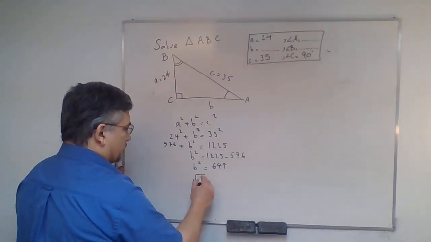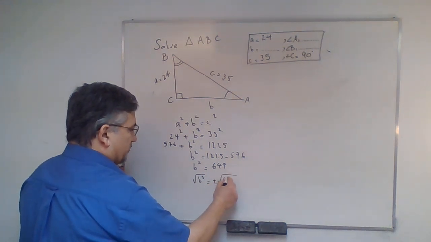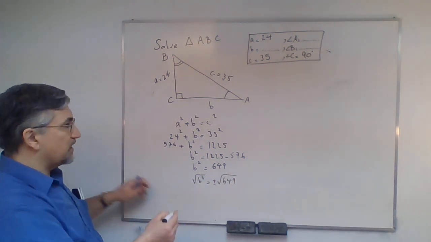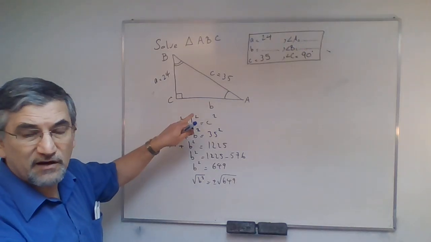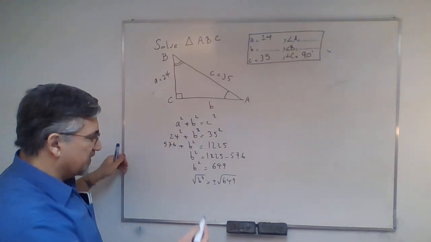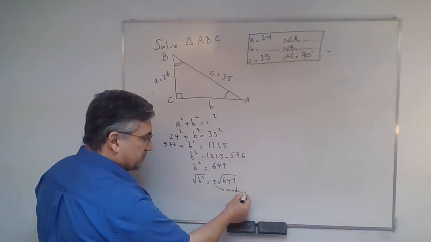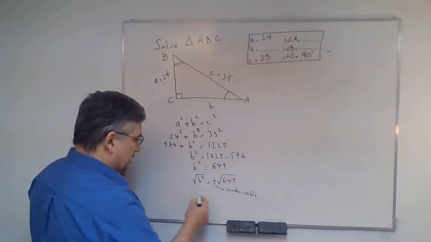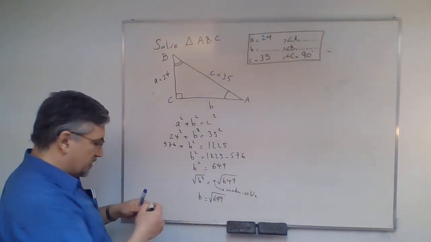Then we take the square root of both sides, and sure enough, we have to put the plus or minus. But the minus sign would be inadmissible because we're talking about the length of a side. How could length be negative? So the negative answer is inadmissible automatically. So B would be the square root of 649.